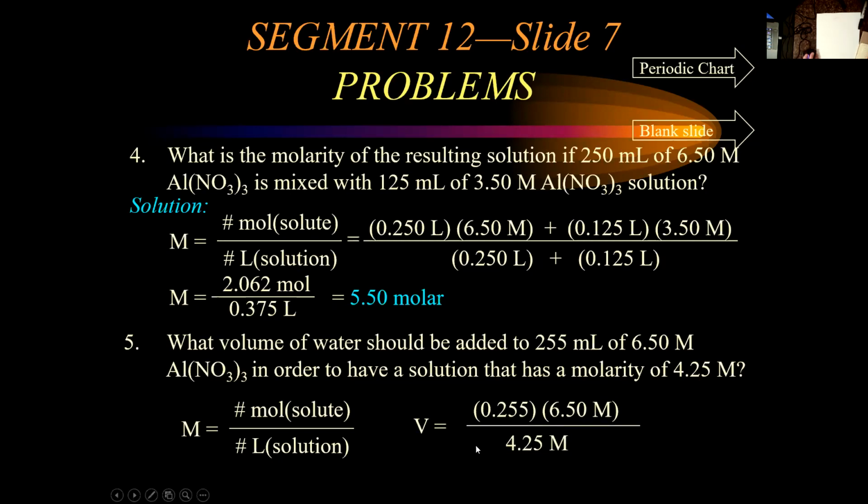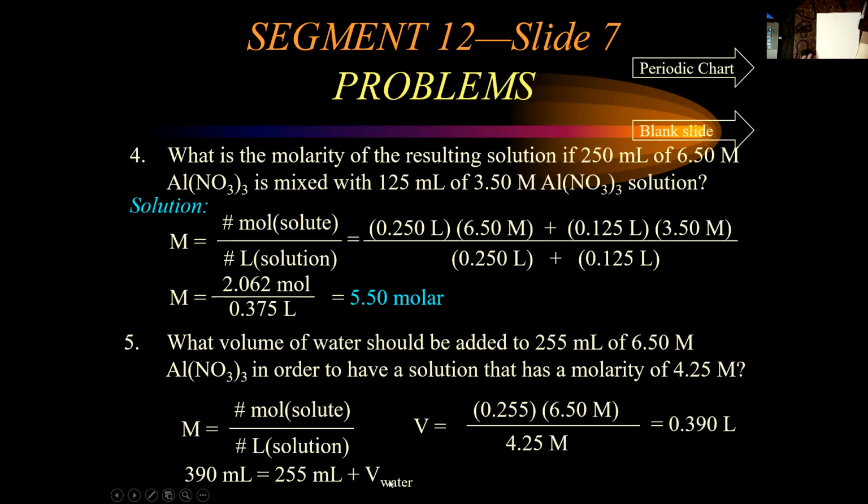Volume times molarity is moles, and I want the molarity to be 4.25. I can solve for the volume of the diluted solution. It has to be a volume of 390 milliliters, or 0.390 liters, if the molarity is going to be 4.25.